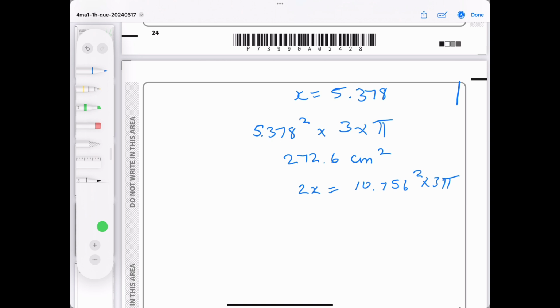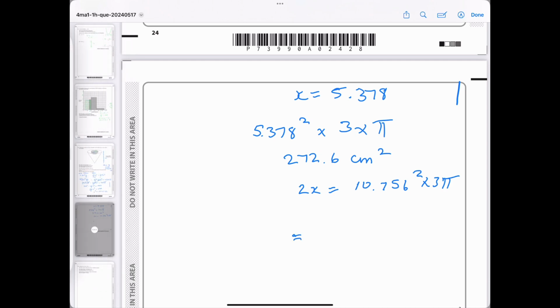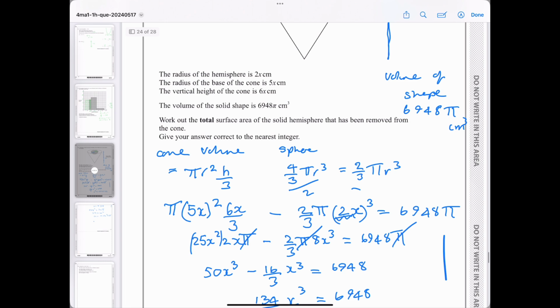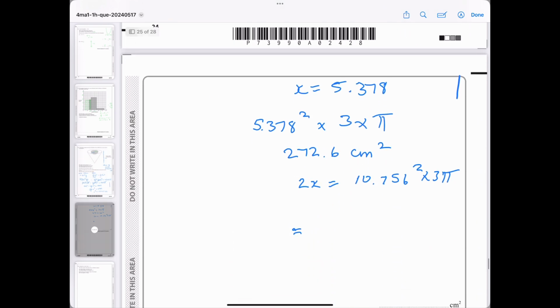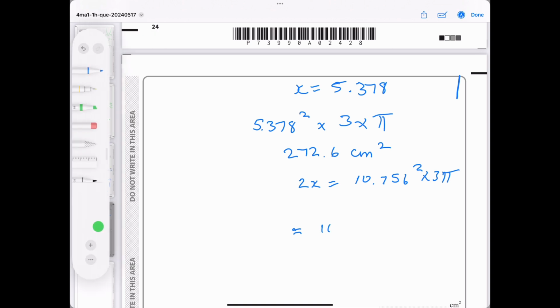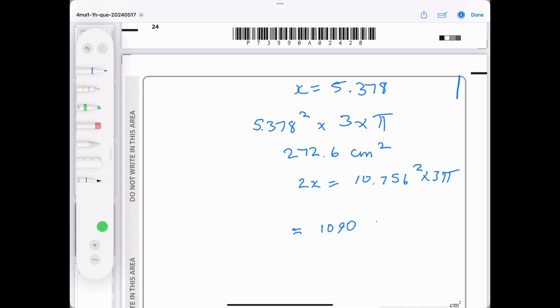So let's square it, so it'll be about 100 times 3 times pi equals, so the actual answer is, give your answer to the nearest integer, so it's 1090, and that would be centimetres squared. And now that's done.